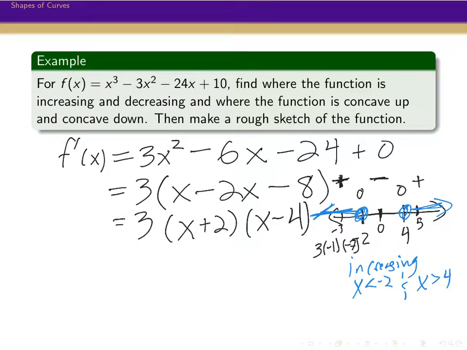And then it's negative in between minus 2 and 4. So decreasing when x is between minus 2 and 4.